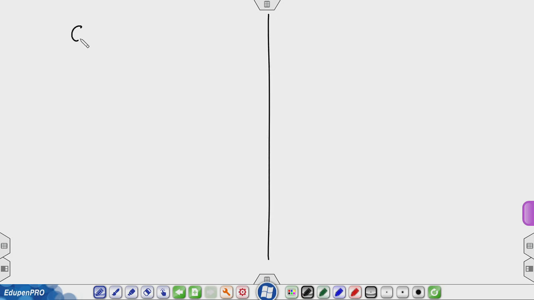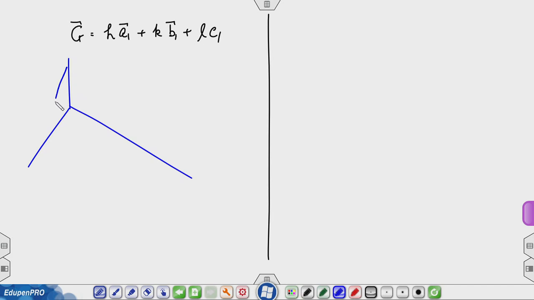So, I have G, which is H A1 plus K B1 plus L C1, and I have these planes. This intercept is A over H, this is one direction, the A direction.